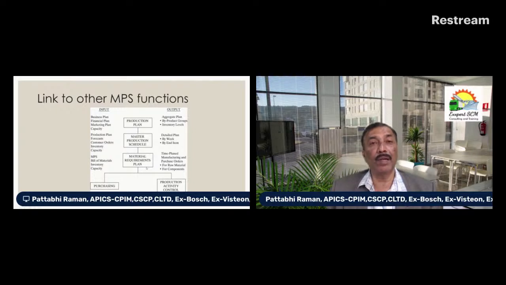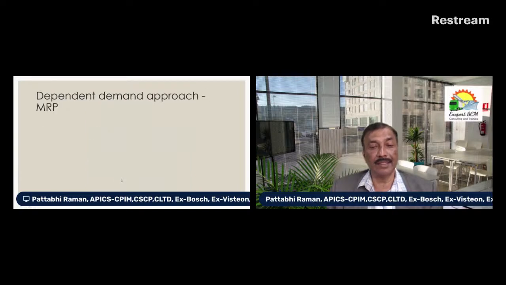The output of the MRP process is the release of the net requirement in the form of orders, either to internal manufacturing or to an external vendor. You can see at the bottom, it branches out to purchasing when external vendors are involved, and it goes to PAC when internal manufacturing is concerned.